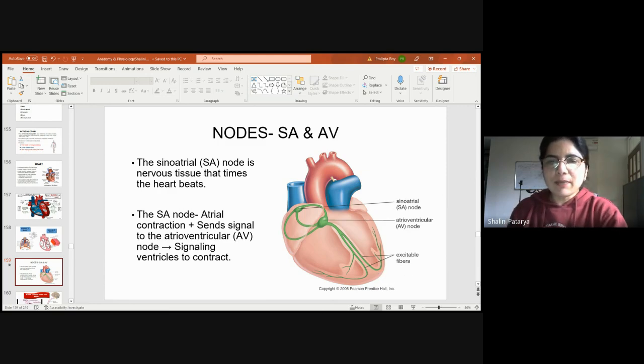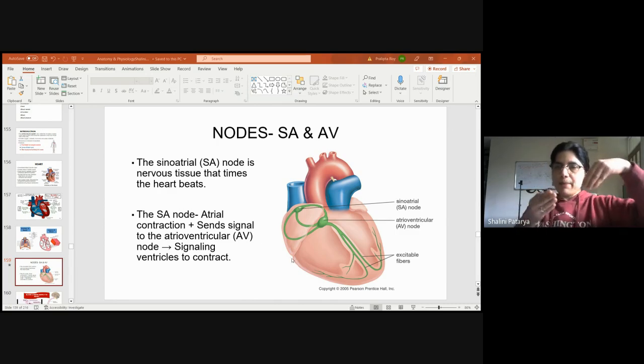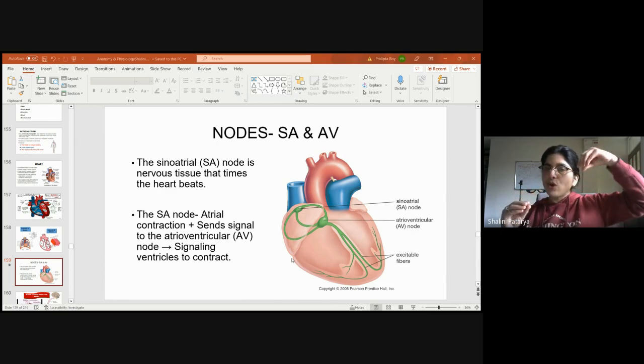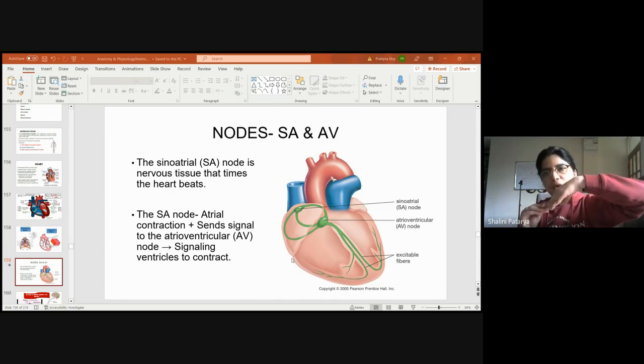Why are they there? As I told you, this valve is also connected to the edge of your heart, the apex, a sleek structure. When the blood is coming and the pressure is coming, this gets activated, and when it contracts, the blood flows.